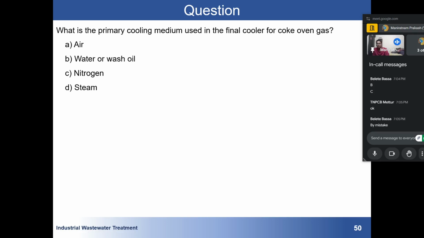Which is the primary cooling medium used in the final cooler for coke oven gas? Air, water, nitrogen, or steam?